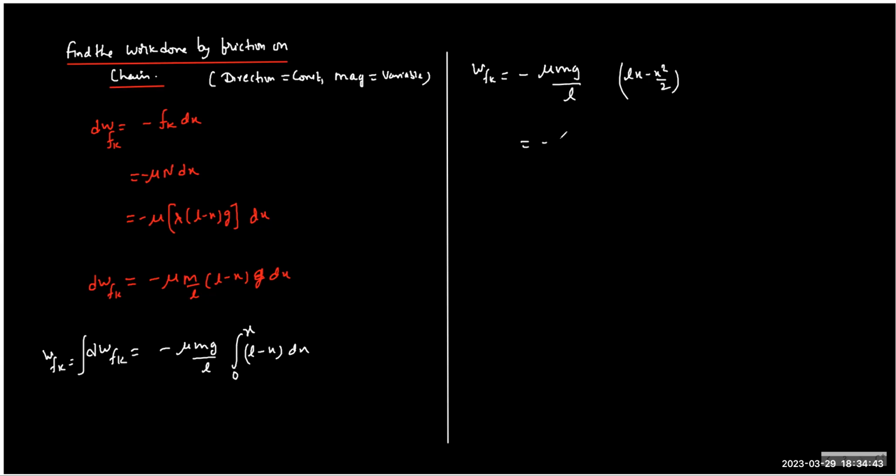So let me just figure out whether we can have any pattern here. It is L minus x by 2, into x. L minus x by 2. What does it mean?